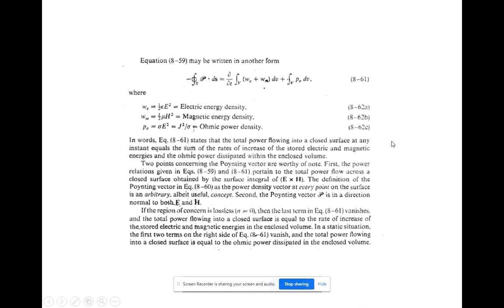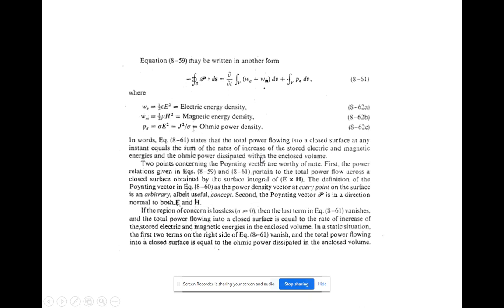So in a static field, the terms We and Wm will become 0. So in the case of a static field, the total power will be equal to the ohmic power because these two terms will become 0. You will be getting only P sigma, that is the ohmic power density alone.